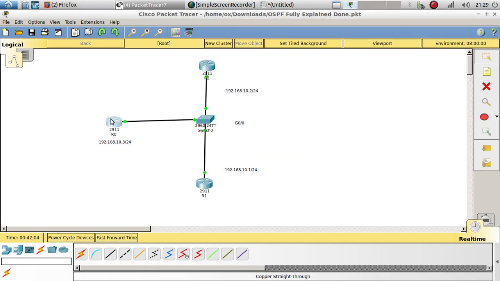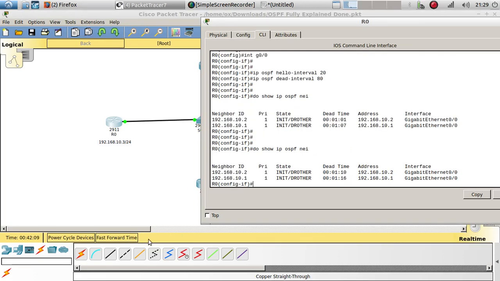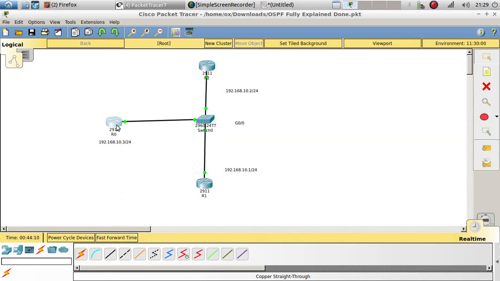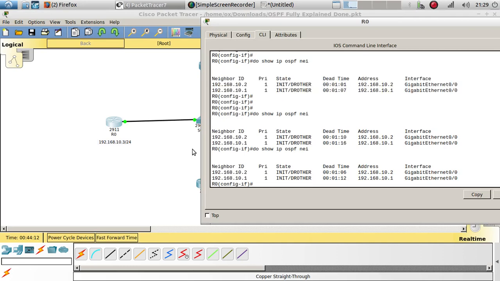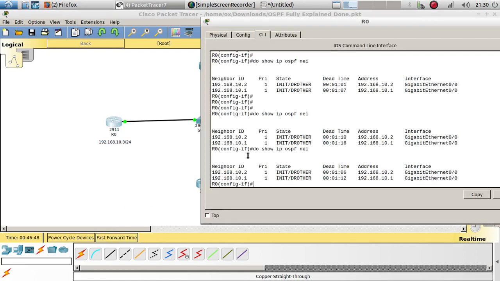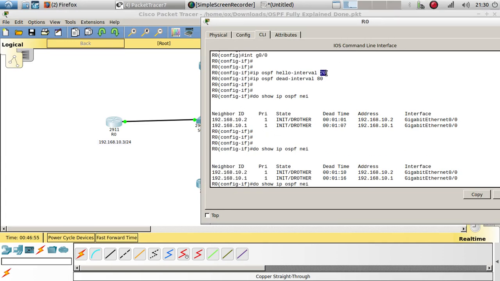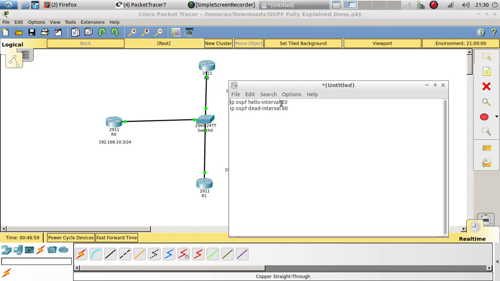And for some reason it's not working. I guess the wait is too long. So let's go ahead and set it back to 10 and 40 right here.